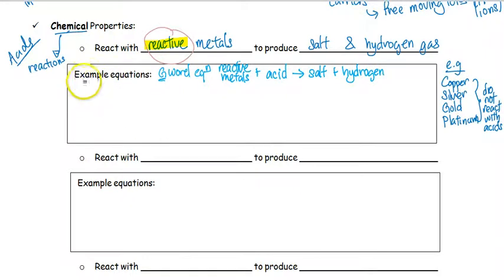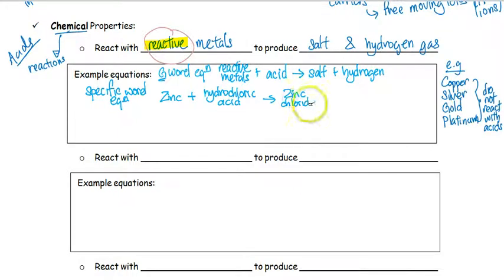So let's look at one specific word equation. We can have maybe zinc reacting with hydrochloric acid to give me zinc chloride and hydrogen gas.